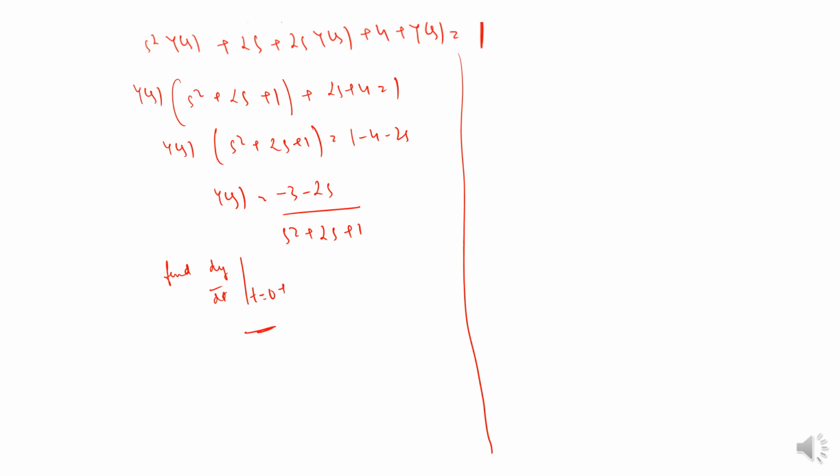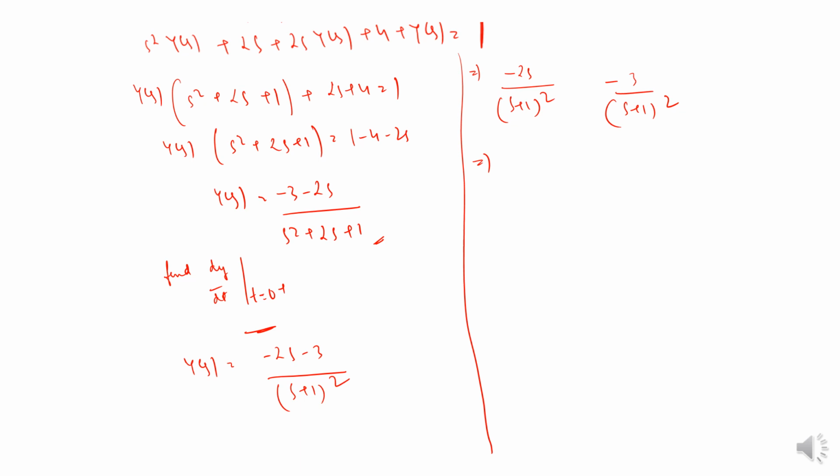Now, this can actually be written as Y of s is equal to minus 2s minus 3 by s plus 1 whole square. Now we can write it as minus 2s by s plus 1 whole square minus 3 by s plus 1 whole square.